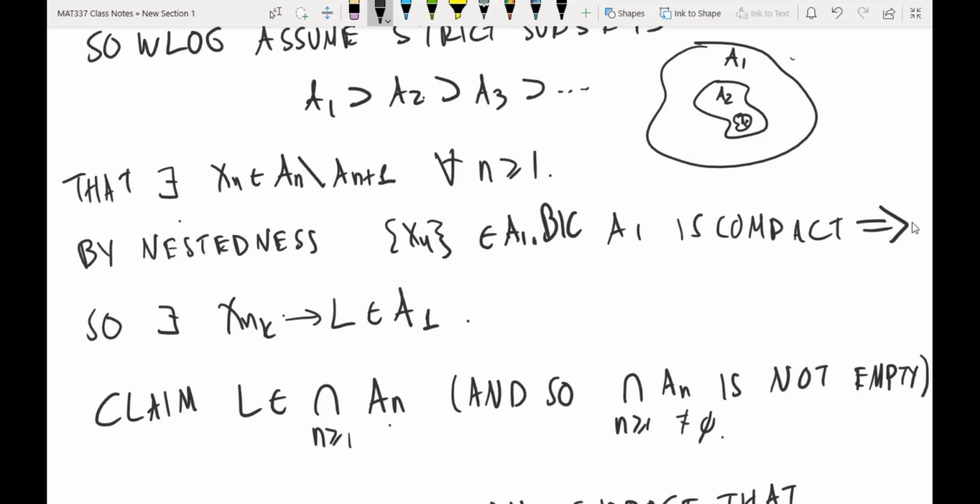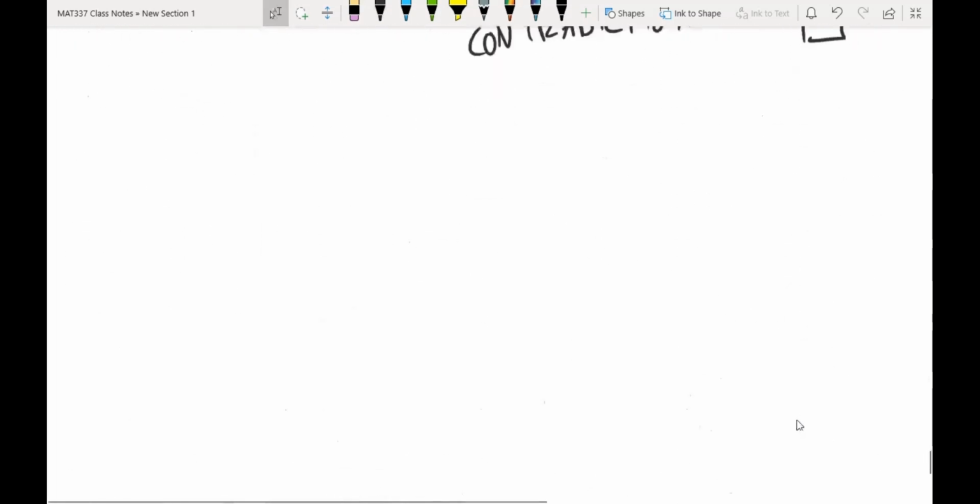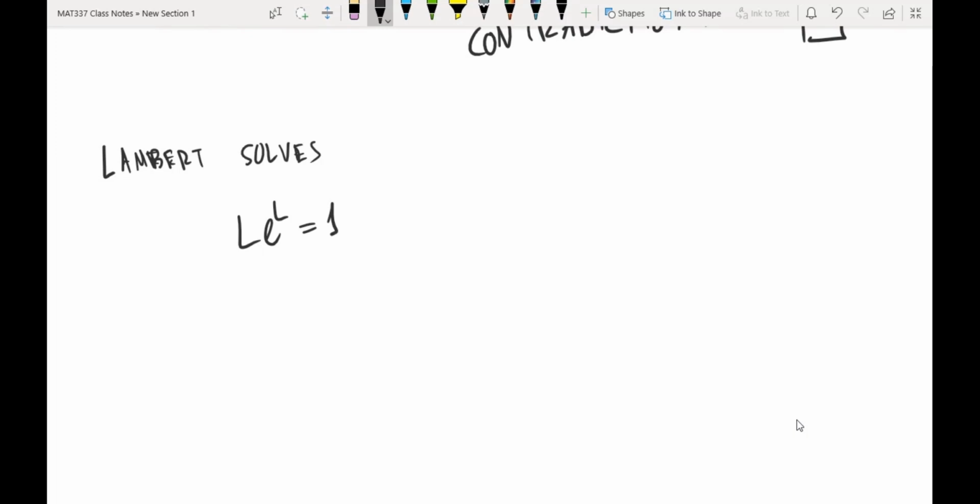So, the definition: the Lambert function solves L e to the L equal to 1, right? So that's all we're saying. So you will get something like this.